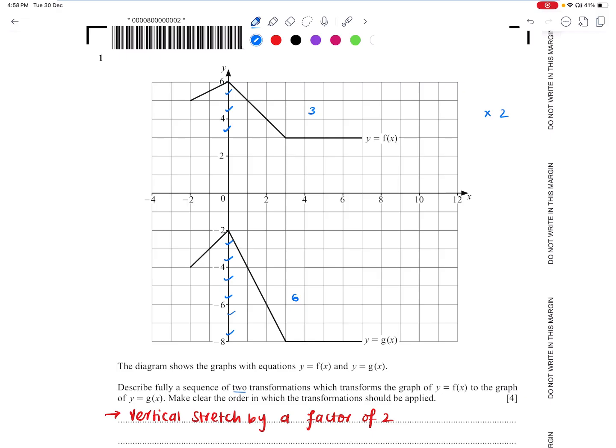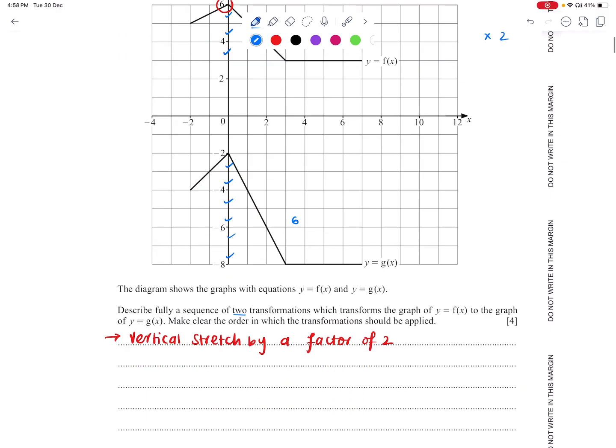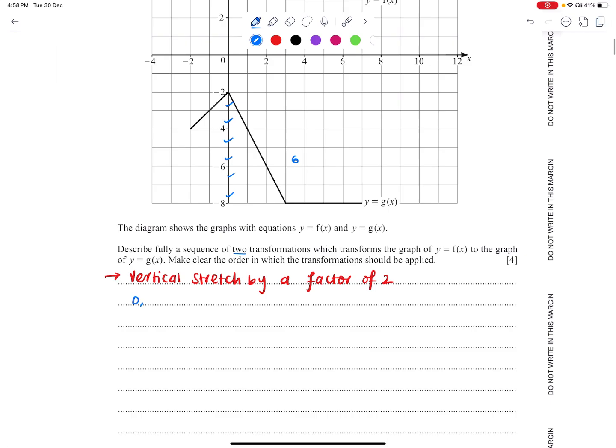So I'm going to pick out a specific position. Let's say I pick out this position, 0, 6. And if I multiply it by a factor of 2, only the y coordinate is going to get multiplied. That's going to become 0, 12. So using this, I have applied my first transformation.